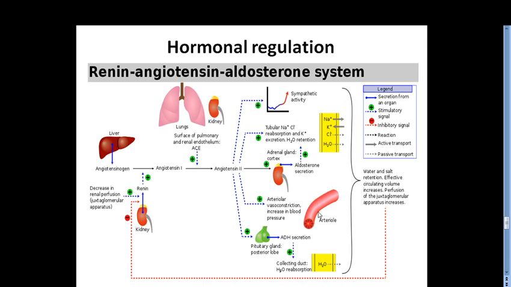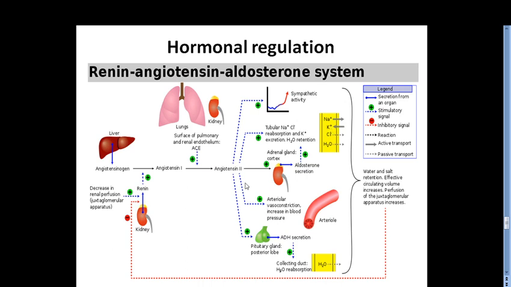It constricts the efferent arterioles, so there may be a little increase in glomerular hydrostatic pressure. It causes release of aldosterone. So this aldosterone, basically what it does, it will reduce the loss of fluid from the tubular flow. It causes the retention of sodium, along with that chloride ions, and along with that there is a retention of water.